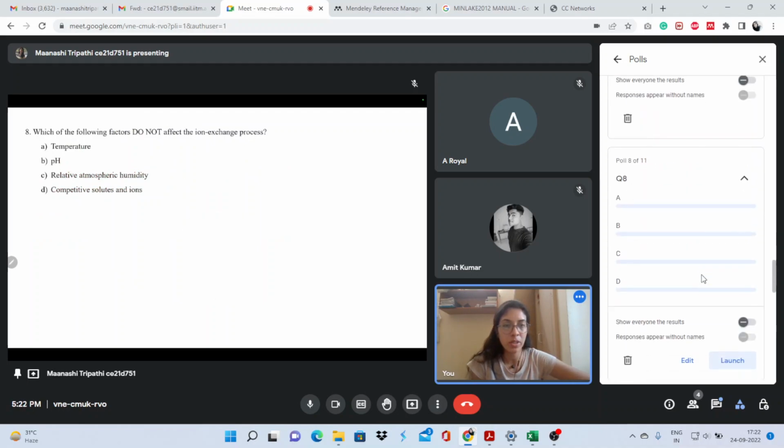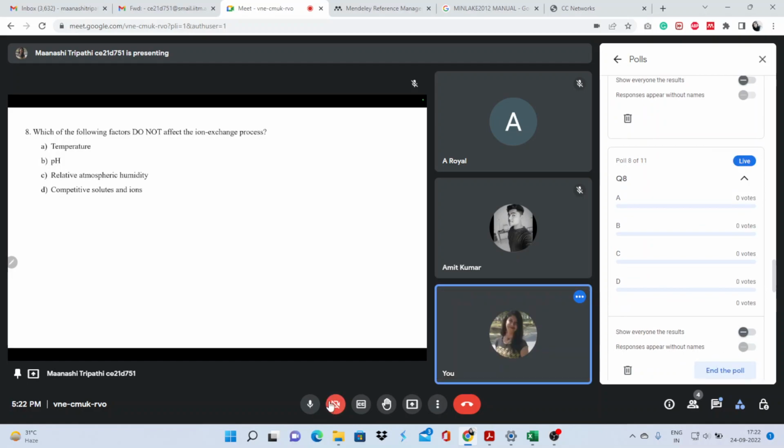So this is question number 8 and these are the polls for question number 8. Which of the following factors do not affect the ion exchange process? The ion exchange process is similar to the adsorption process, but what will happen?